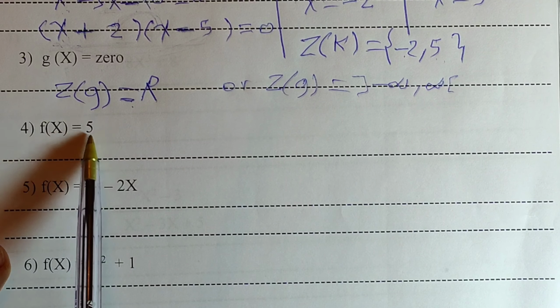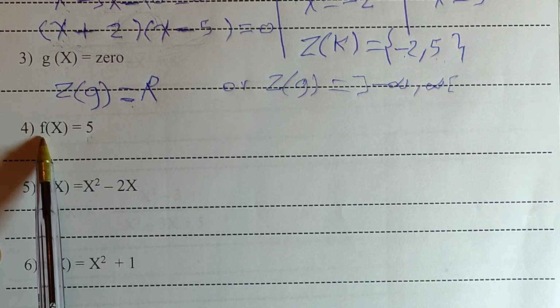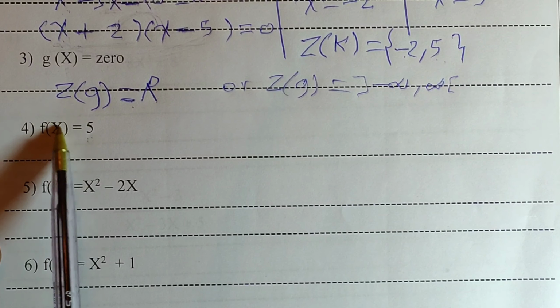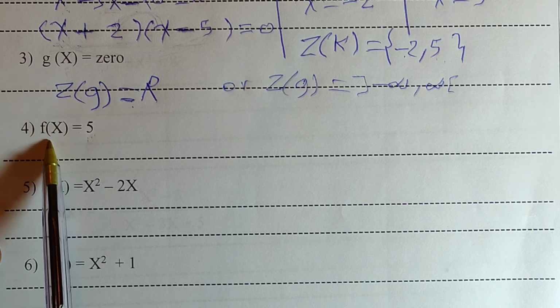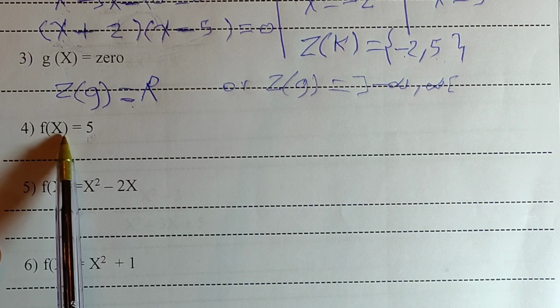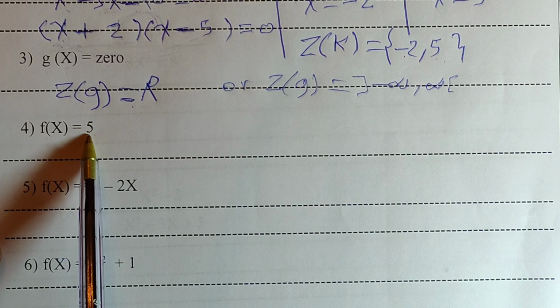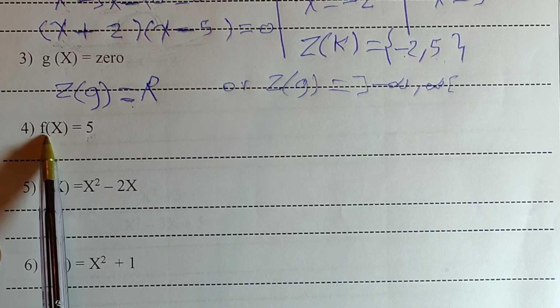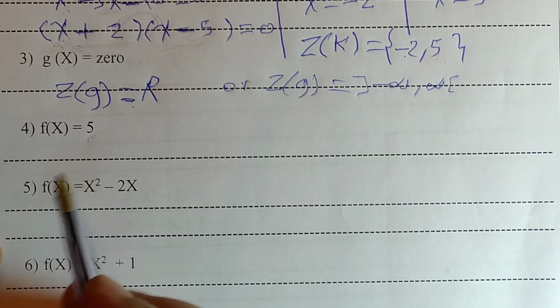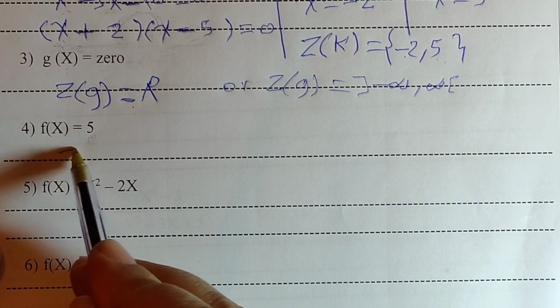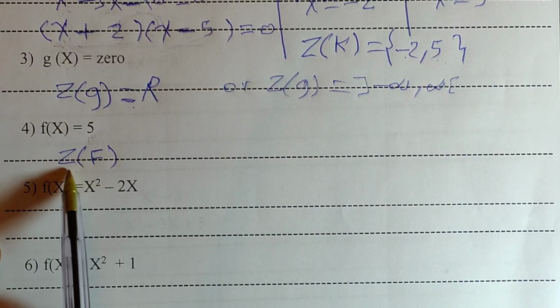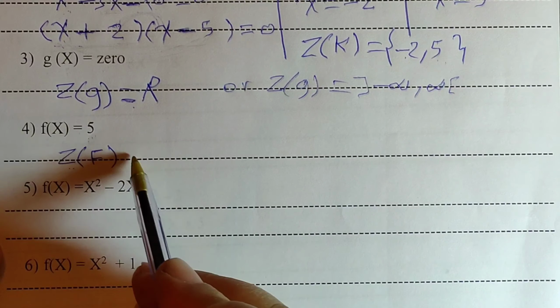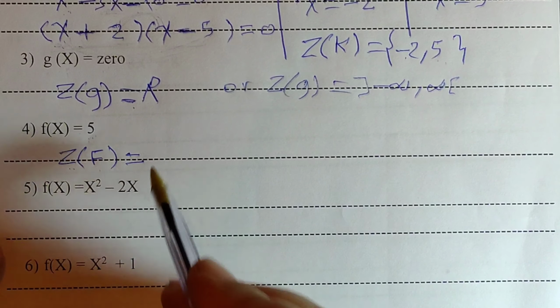F of x equal 5 means f of any real number equal 5 without it changing. So this function stay like this, equal 5 in all the cases. So if you write here z of the function f, I mean set of zeros of the function f equal empty set.